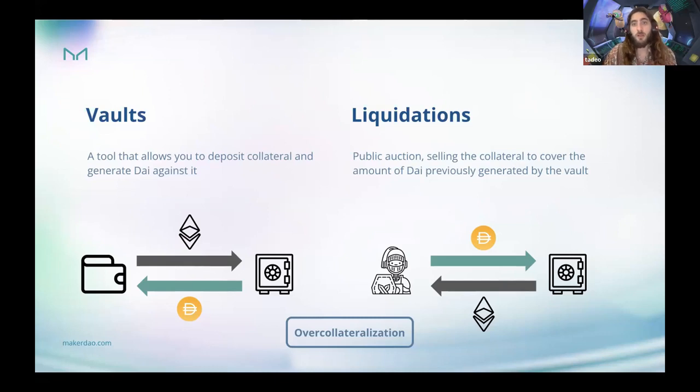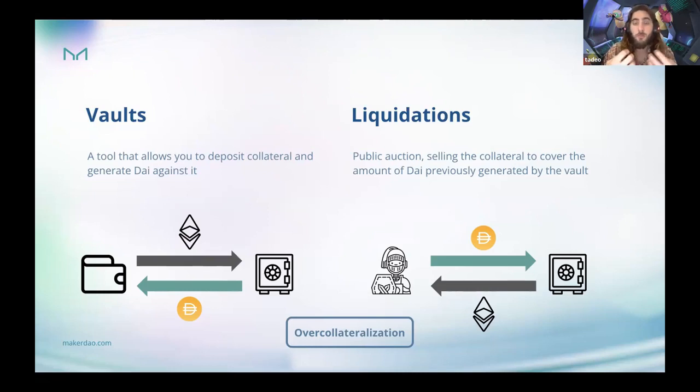This allows for an automated risk management system that ensures that every single DAI in existence is always backed one-to-one by crypto collateral, meaning that we have an extra amount of trust that every DAI is equal to $1 or even more.